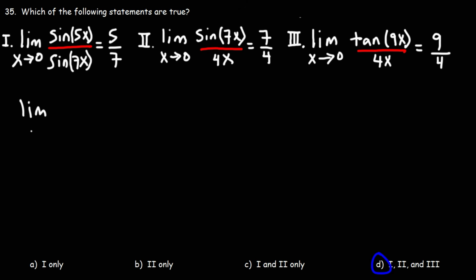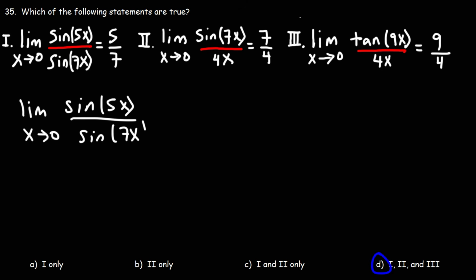So let's start with number 1. How can we show that this is equal to 5 over 7? What we want to do for this problem is multiply it by 5 over 5, 7 over 7, and x over x. Now let's rewrite this problem.